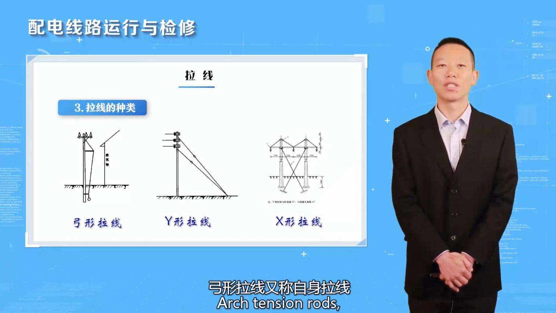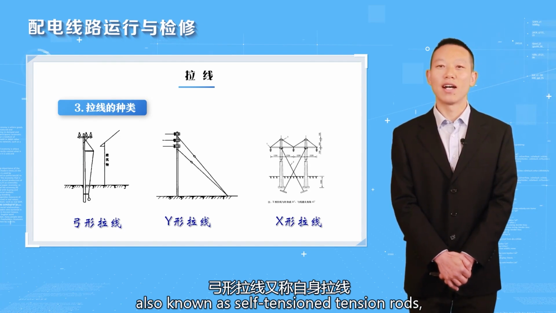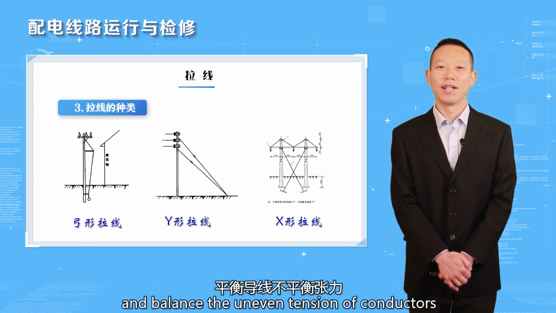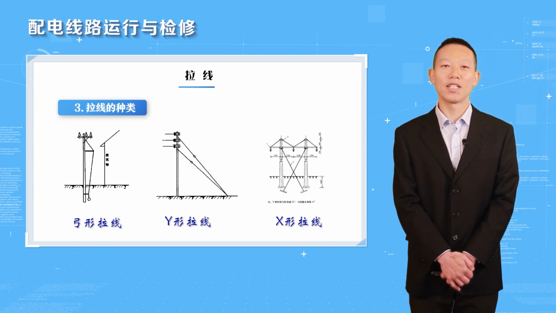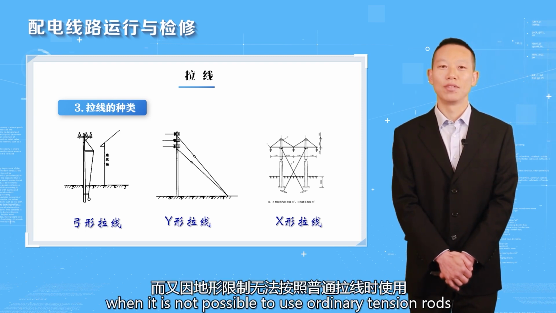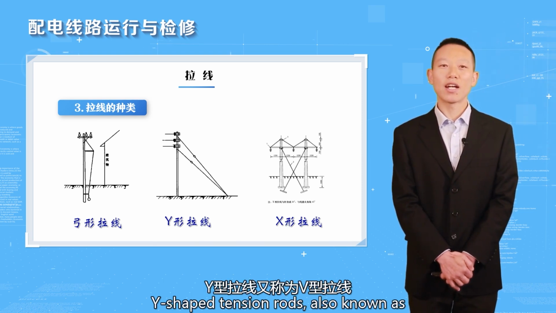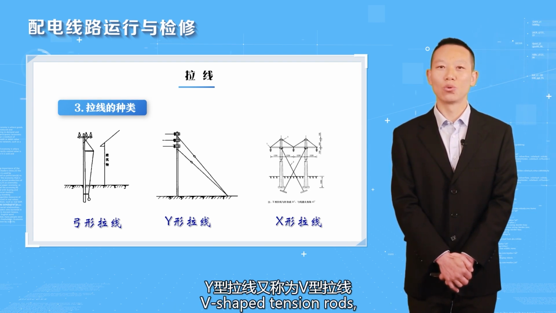Arch tension rods, also known as self-tension tension rods, are used to prevent pull bending and balance the uneven tension of conductors. When it is not possible to use ordinary tension rods due to terrain restrictions, Y-shaped tension rods, also known as V-shaped tension rods, are used.